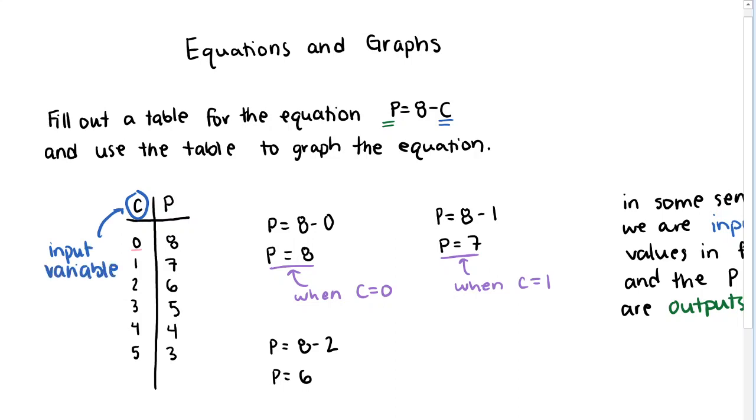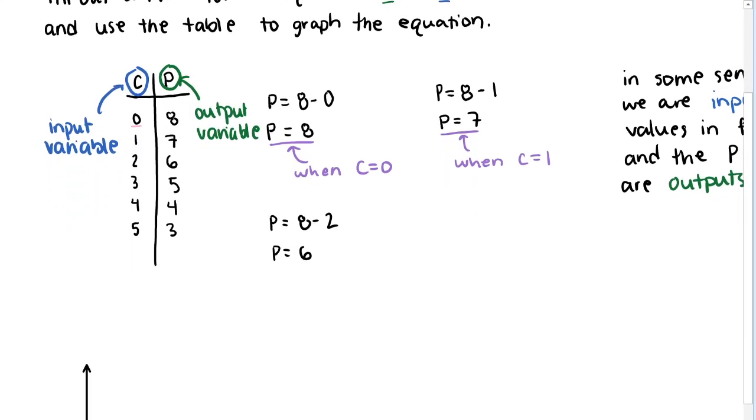We're inputting values into this variable, and what we get out in our second variable, we like to think of as our output variable. Sometimes you'll hear variables in equations referred to in this way in terms of inputs and outputs. Now let's use this table to make a graph for this equation. I've already made two axes below, right? Here we have our horizontal axis.